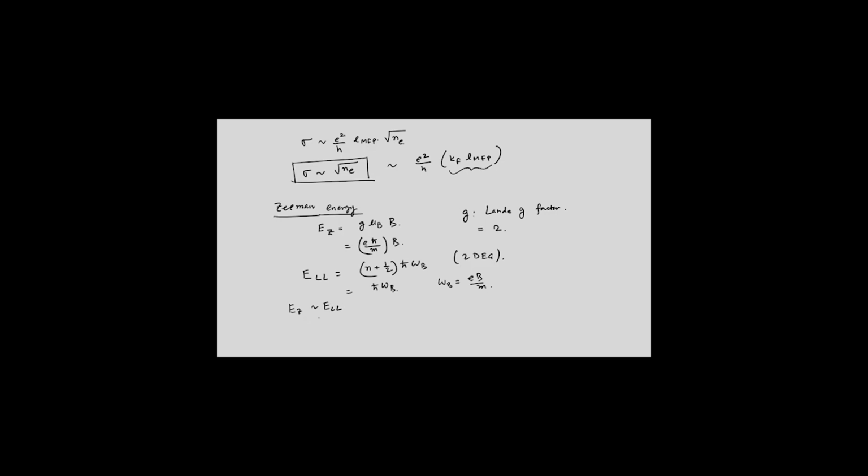In fact, E_Z, the Zeeman energy scale, is much smaller, and it is for that reason that we can still ignore the presence of electronic spin in the problem, because in a 2D electron gas it can be shown, which we have done in some sense, that the nth Landau level for up spin coincides with, say for example, the n plus 1th Landau level for the down spin. So there is basically a degeneracy, and then this spin really does not count much in that discussion.